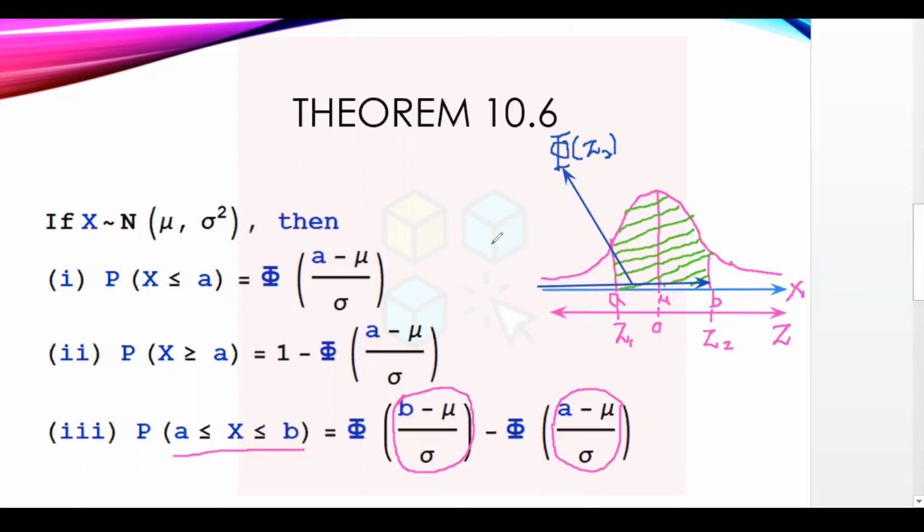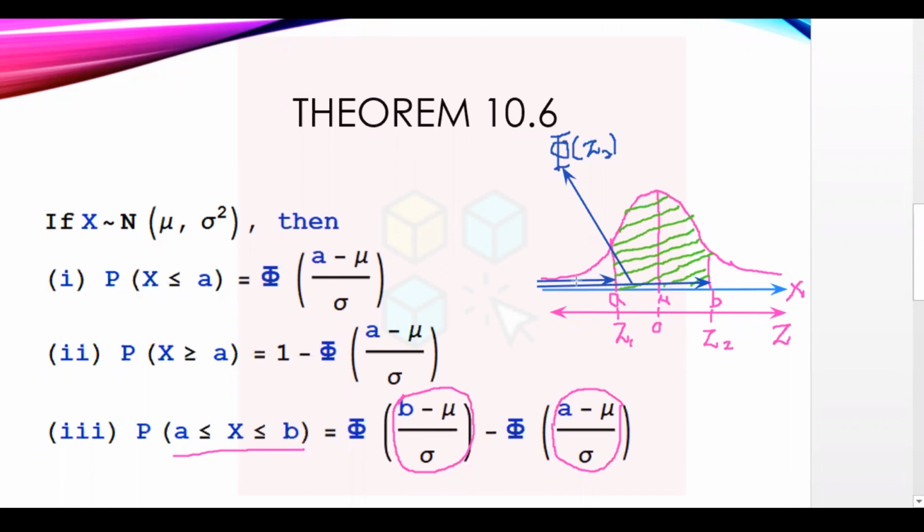This area will be given if you locate your z1 starting from minus infinity to this point, which is also not the required one.